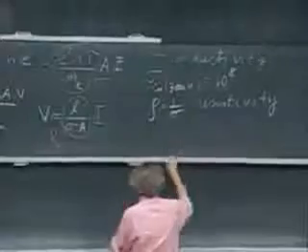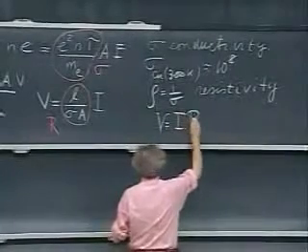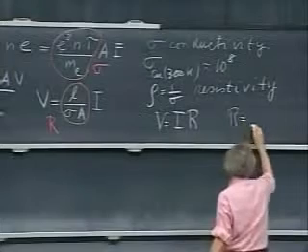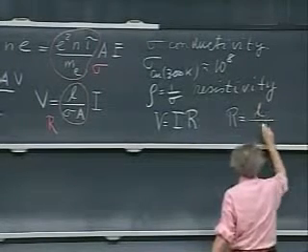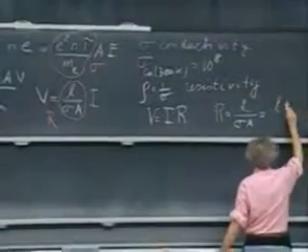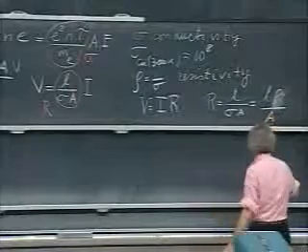So you can also write down V equals IR, and this R then is either L divided by sigma A or L times rho. Let me make it a nicer rho divided by A. That's the same thing.